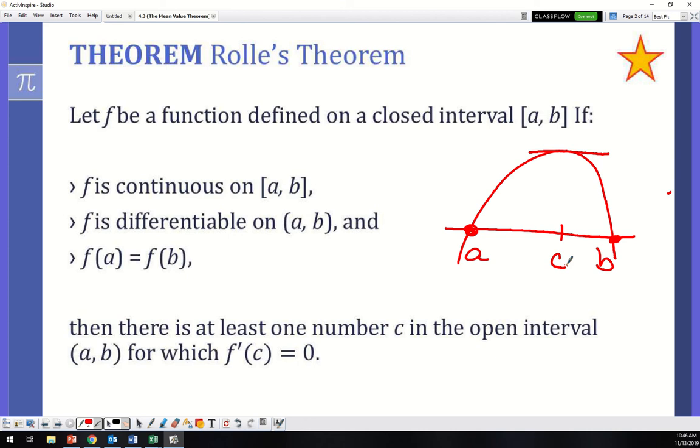But we can't really say what goes down must come up, right? That doesn't work, but yes, it would work out the same thing if I had a graph going the other direction. So if it was like this also, you'd have the same thing here, and that would be c also. So either way, if it has the same endpoints, somewhere in between there, it's going to have a derivative equal to 0.